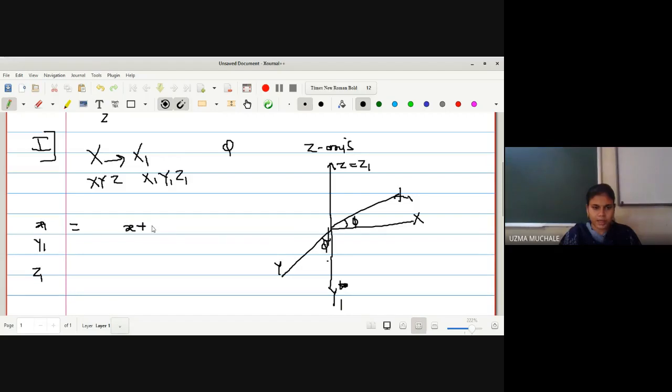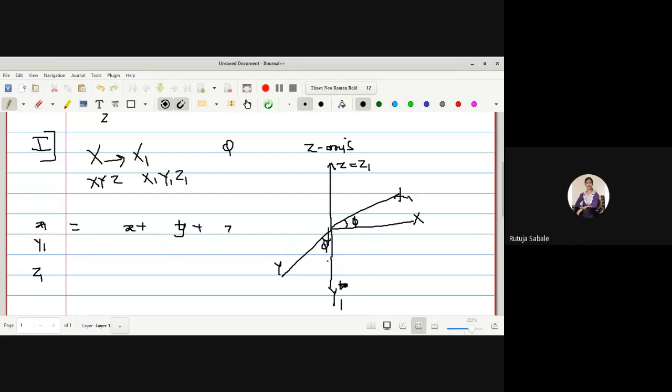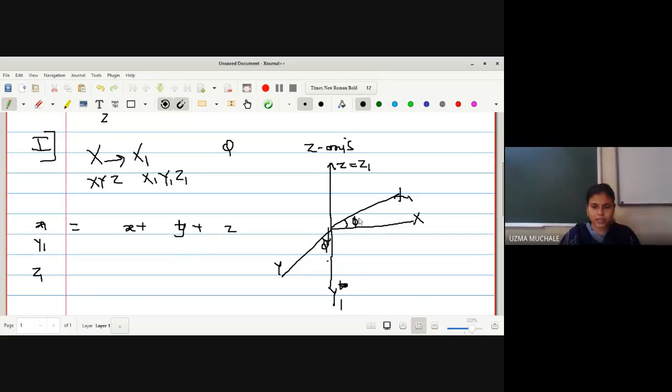What is the angle between x and x1 that we have seen? Can anyone tell me? What is the angle between x and x1? Phi. Phi, because the angle between x and x1 here you can see is phi, and now we are writing in terms of direction cosines, so we can write it as cos phi plus the angle between x1 and y.